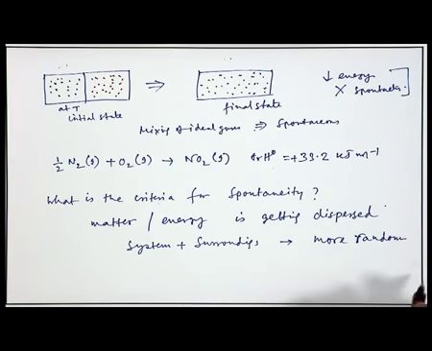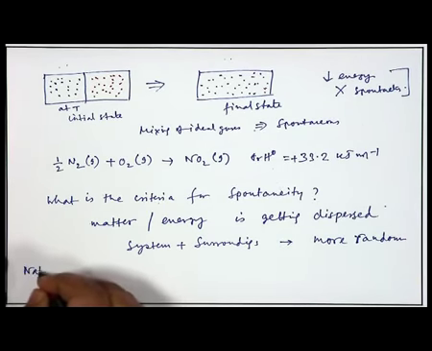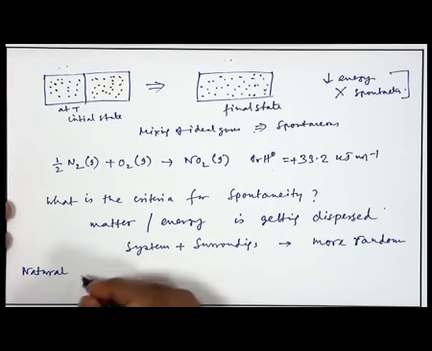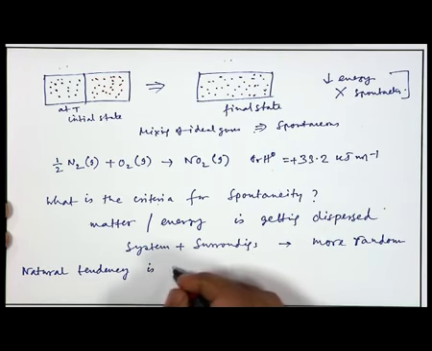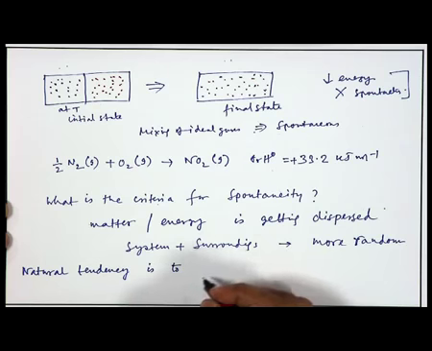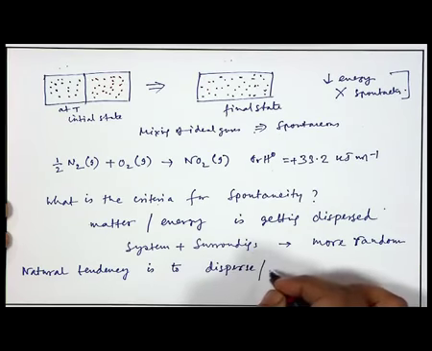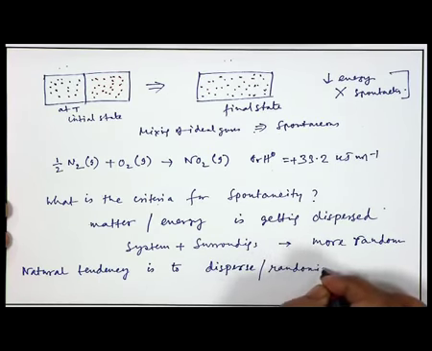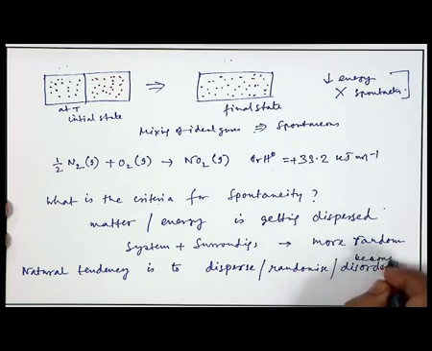So, basically what we can say is that the natural tendency, or spontaneous tendency, is to get dispersed, or randomize, or say become disordered, or become chaotic, whatever you call it.